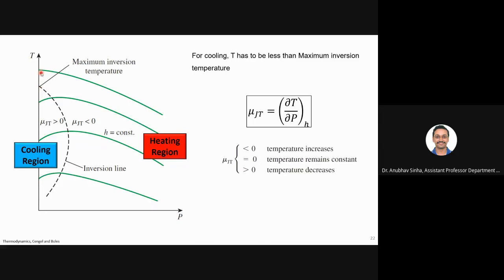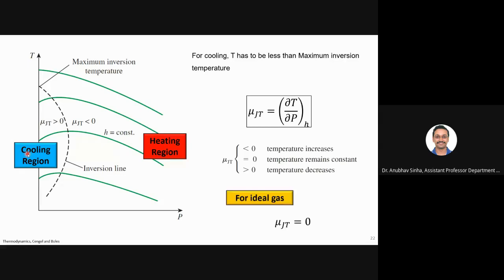So the temperature of that substance has to fall in this region, below this. There are some substances whose maximum inversion temperature is, let us say, at room temperature. So they are generally cooled to observe cooling in Joule-Thomson expansion.